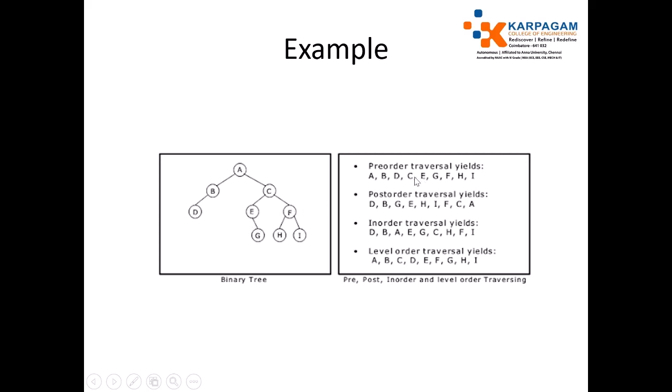Then G is available here. Then in the right subtree of C, we have F, H, I. So it is traversed in the order root node, left subtree, and right subtree. In a similar way, we can perform traversal in post order and in order.